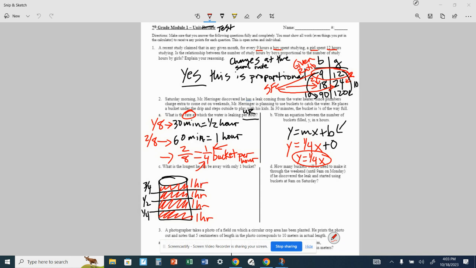What's the most that I could be away, right, if I only have one bucket? Well, let's see. I see 4 hours. This picture, by the way, is still showing work. This is another way to show it. You could also say, how much away is he going to be? Well, let's see.